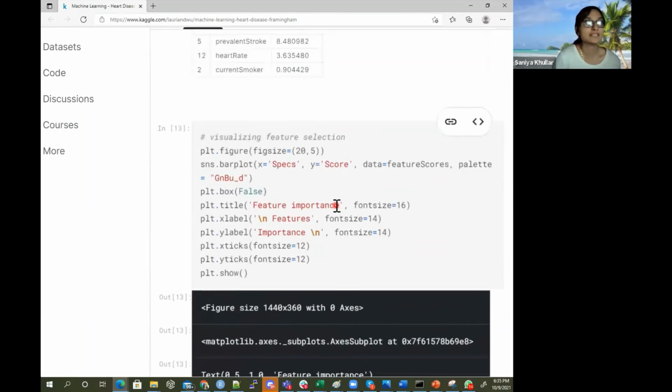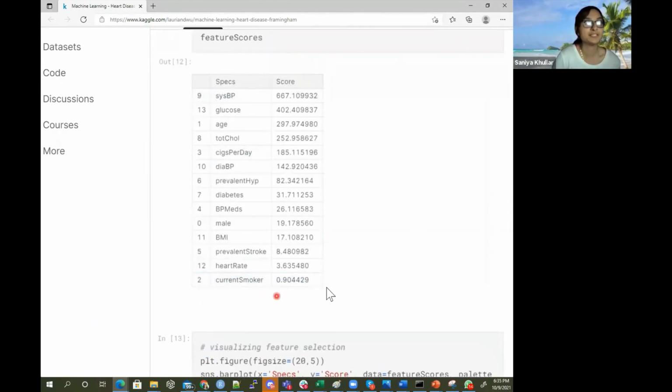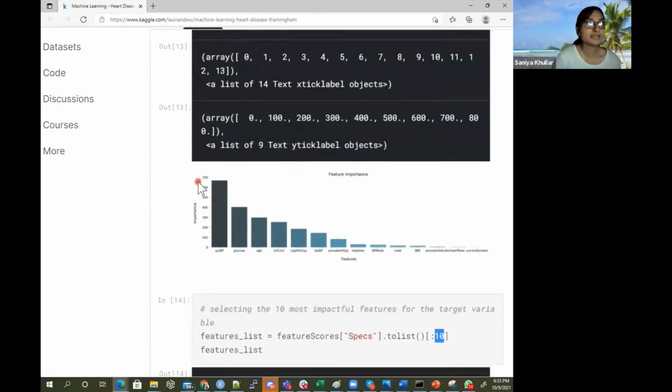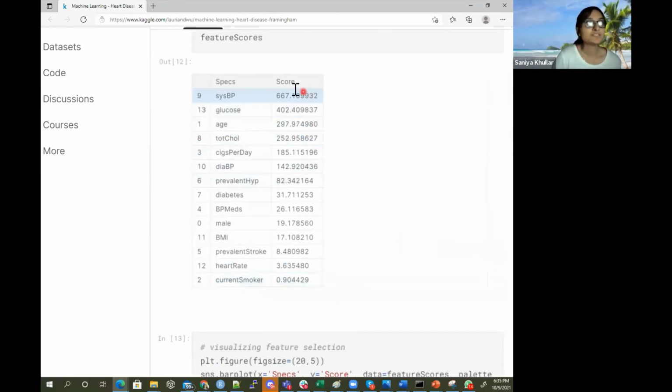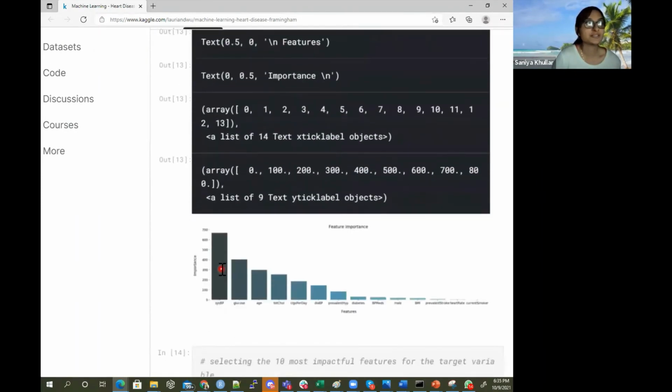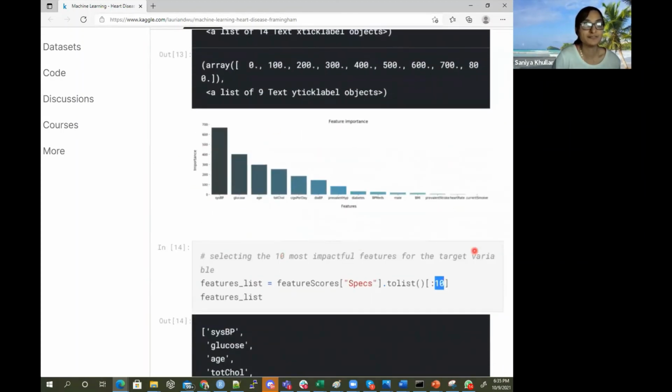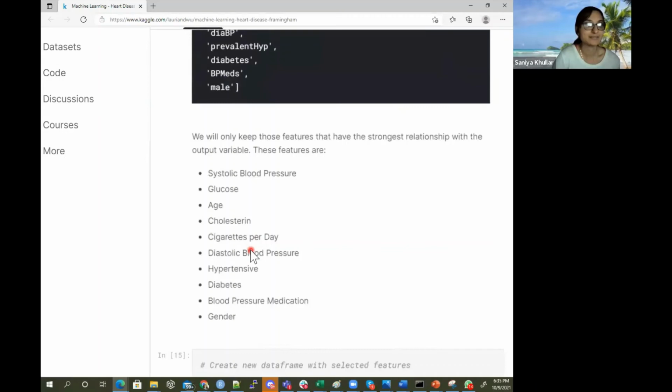These are the rankings: the systolic blood pressure, then there's glucose. They just basically plotted this information here, the score, as an importance, like systolic blood pressure is here, around 667. So they plotted the features and the importance levels.